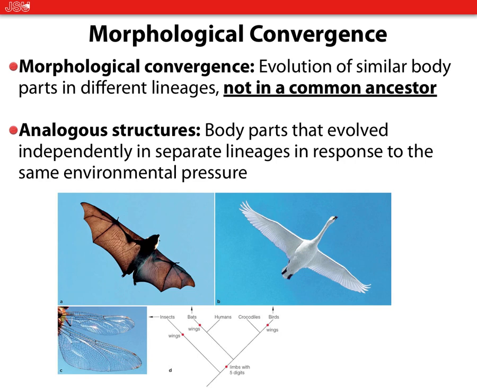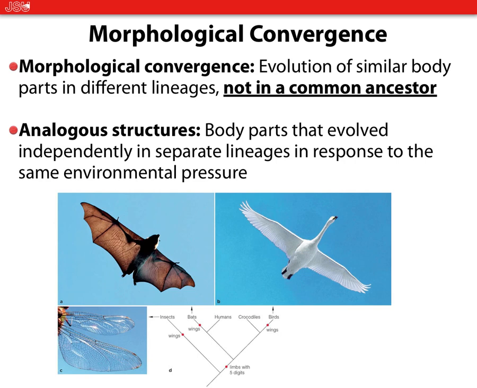A great example of this is the wings of a bat and the wings of an insect. What led to the development of wings in an insect and what led to the wings in a bat were totally different processes. We would call those analogous structures. The wings on an insect, the wings on a bat, they do the same thing, right?